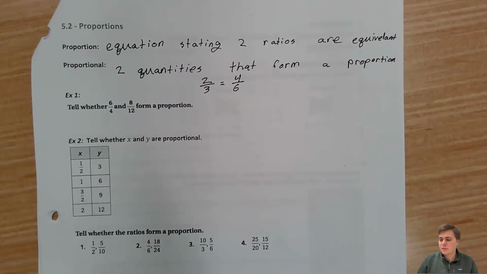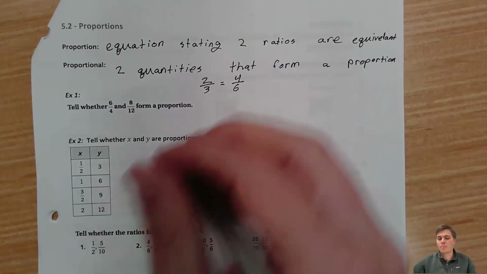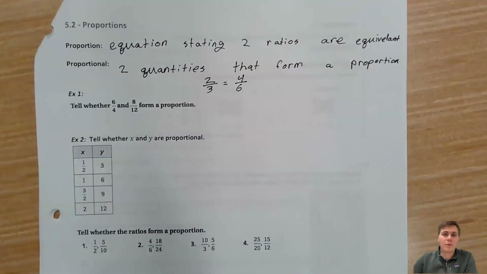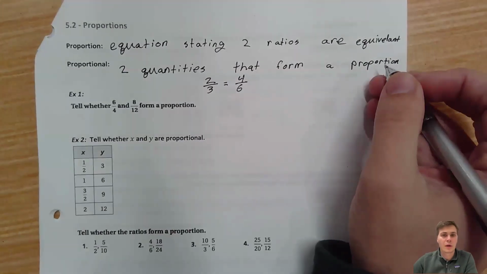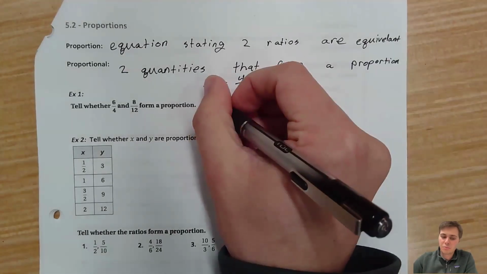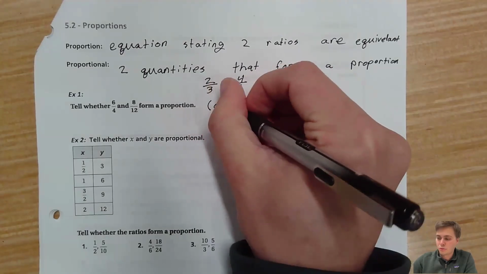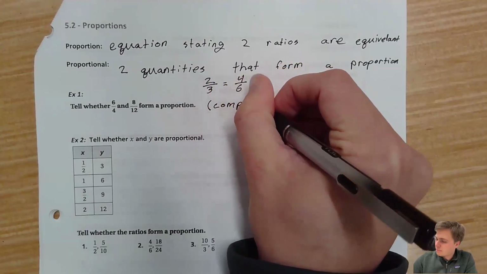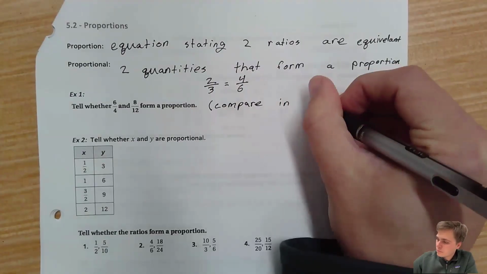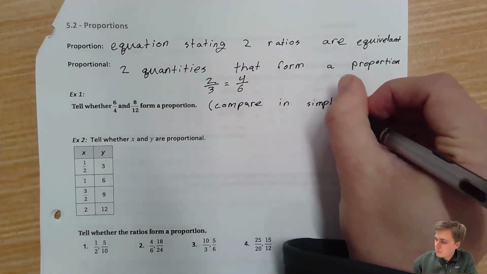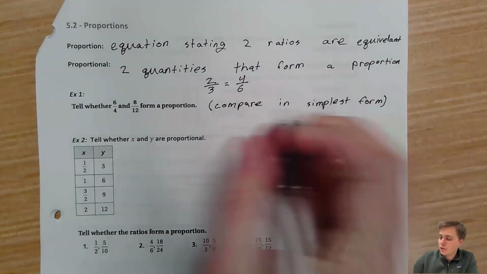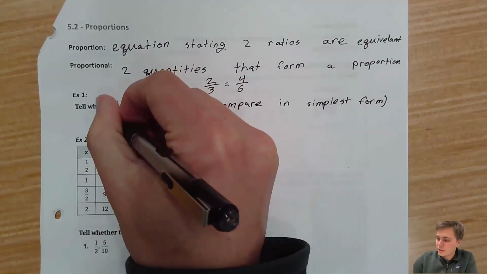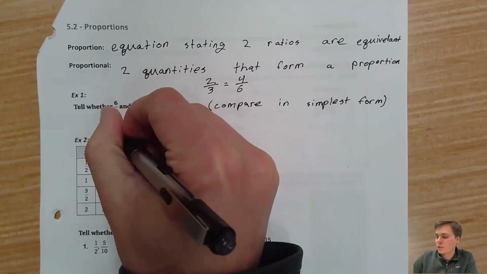So we have a first example here. Tell whether 6/4 and 8/12 form a proportion. Well, whenever we're trying to see if something is a proportion or not, we want to again see if two ratios are equivalent. So the easiest way to do that always is to compare in simplest form. Okay, so let's put this 6/4 in simplest form is 3/2.